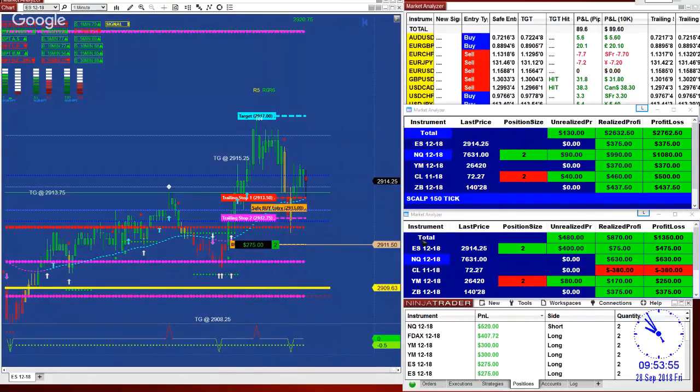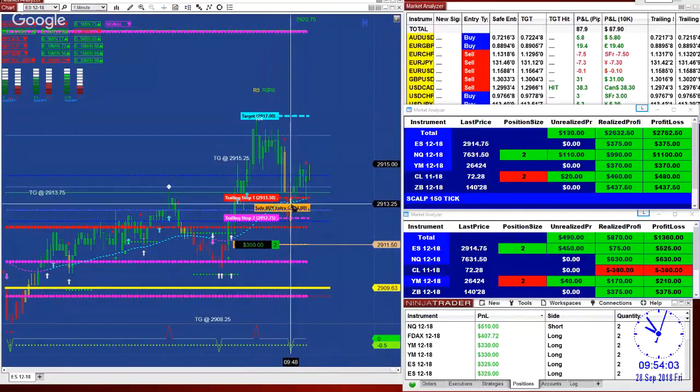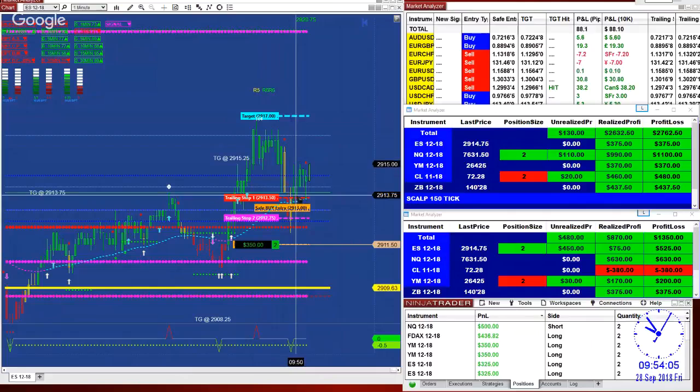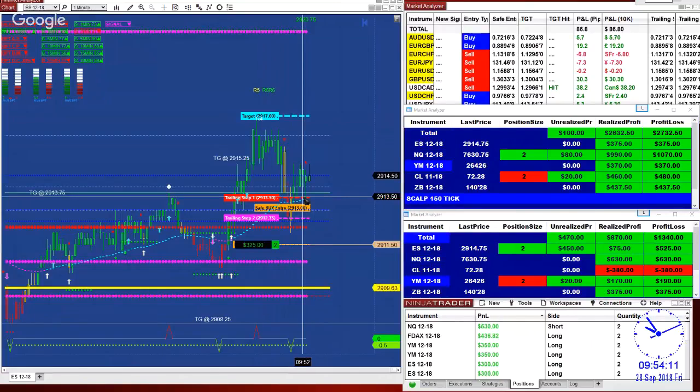If you notice, the ES hit the target and pulled back to the critical area here, not once, not twice, 3 times. That is indicating that the system is very accurate and is doing the calculation right.